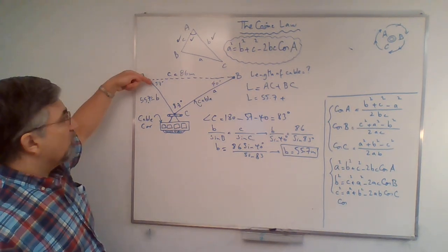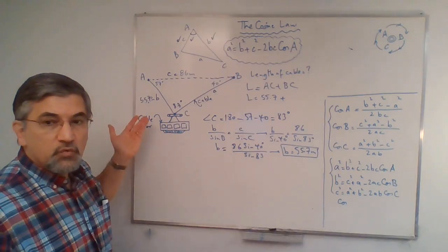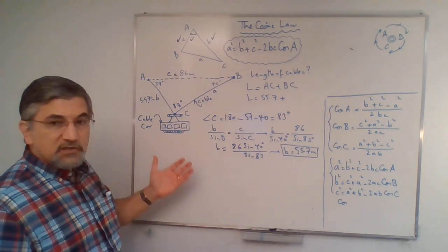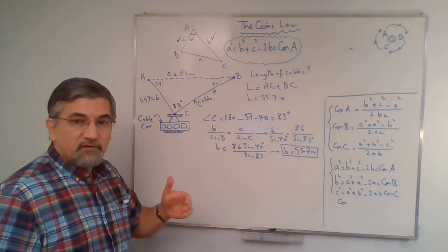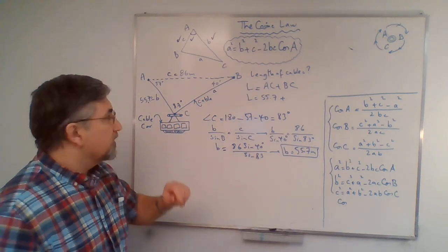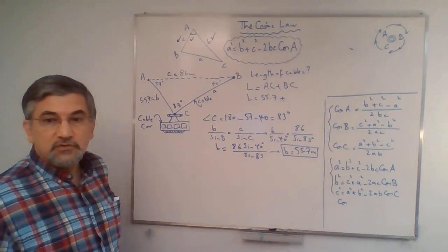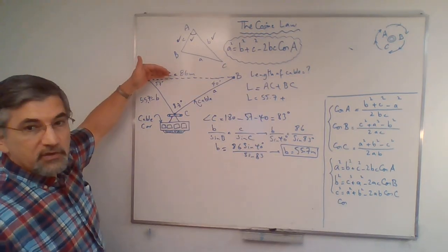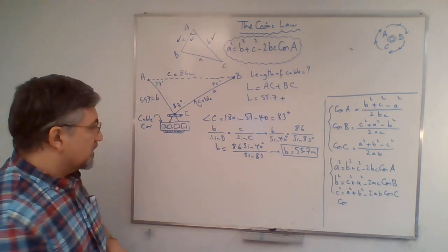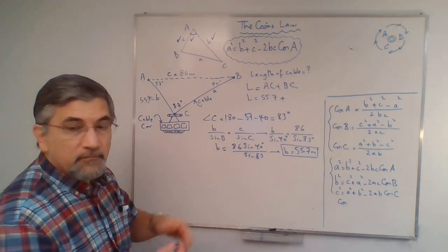Two sides and one contained angle are known. Therefore, we can apply cosine law. Of course, I'm not saying you can't use sine law for the second time. Sure, you can use sine law to find side BC, but we're going to use cosine law here because we recognize two sides and one contained angle are known.